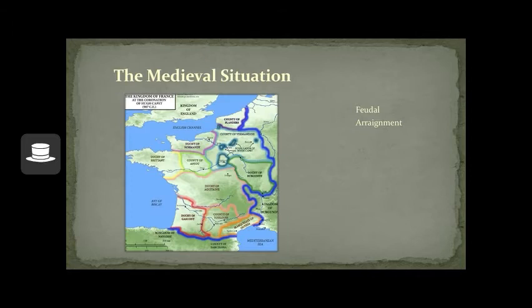Now, the dominant political system was a system called feudalism. And this system predominated during the Middle Ages. If you look at this map of medieval France, you'll notice these little teal blobs in the upper right-hand corner.